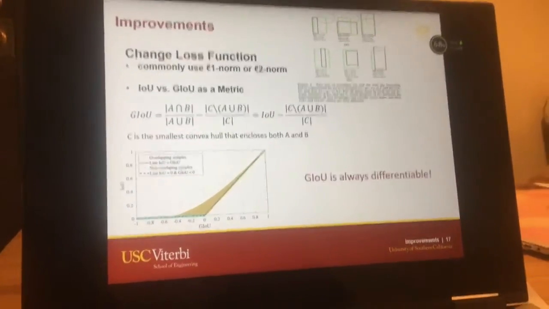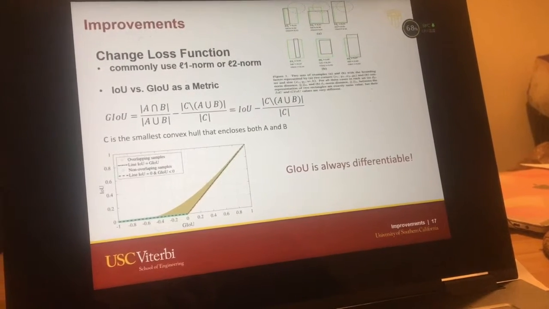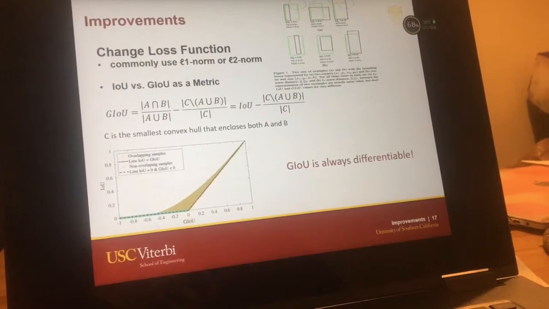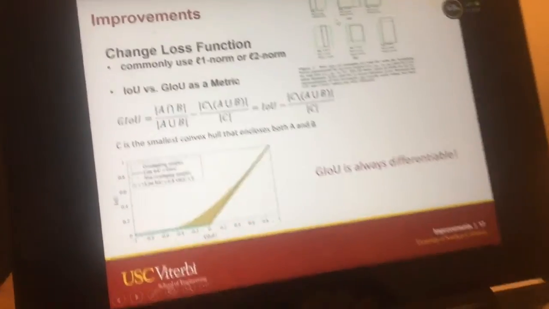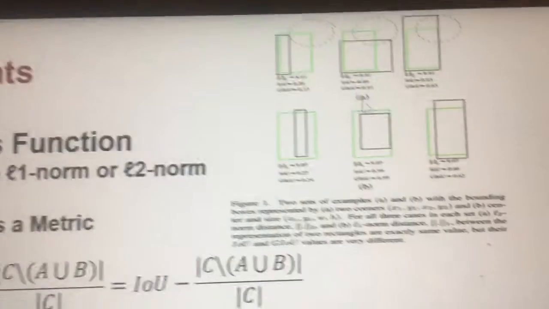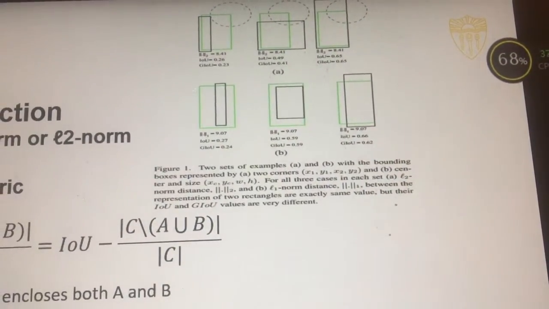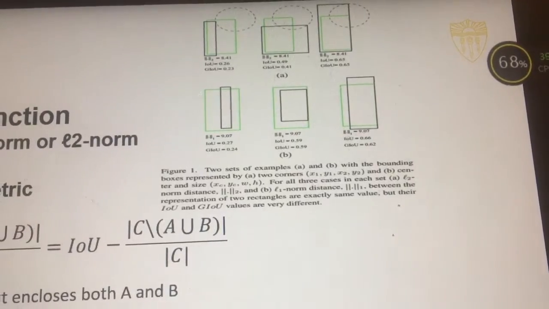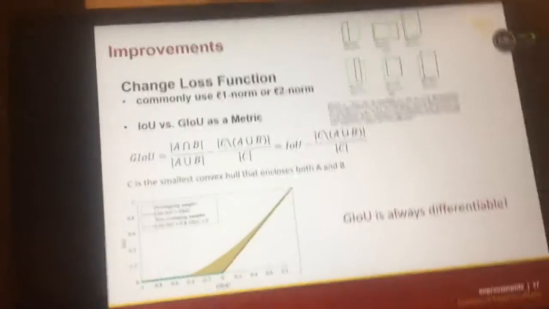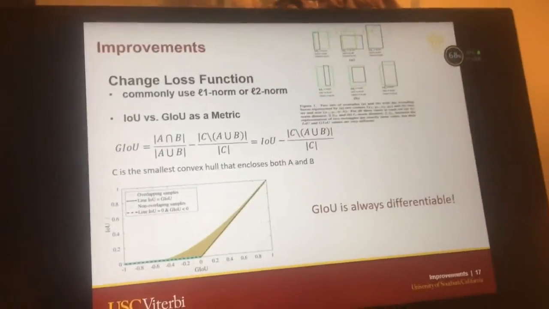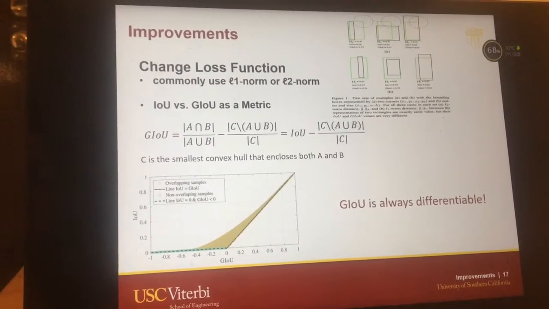The second improvement is changing the loss function. Usually we use the L1 norm or L2 norm as a loss function. As we can see in the picture here, they have the same L1 norm or L2 norm. However, they have a different IOU because they have different ways of overlapping. So we introduce a new concept, the GIOU, which is generalized intersection over union.